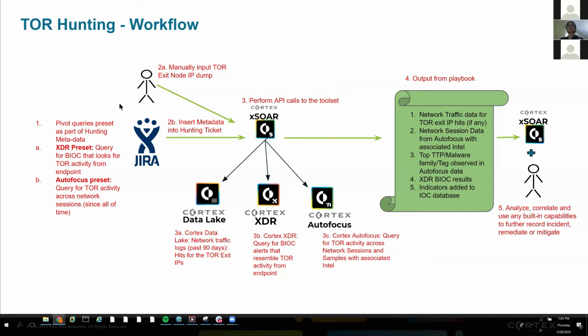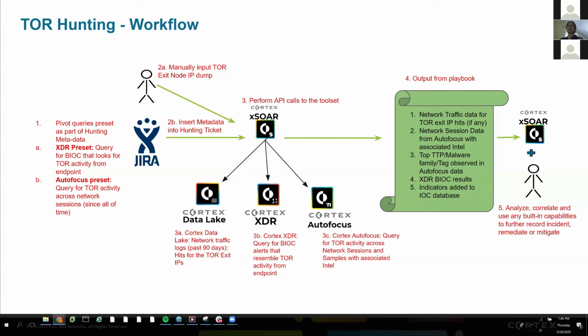So once that metadata is set on whatever metadata management platform you're using, that and the manual IP dump and input that you're going to be given is going to be ingested by XSOAR, and all this data after being ingested is going to be swept through all the three tools through API integrations.